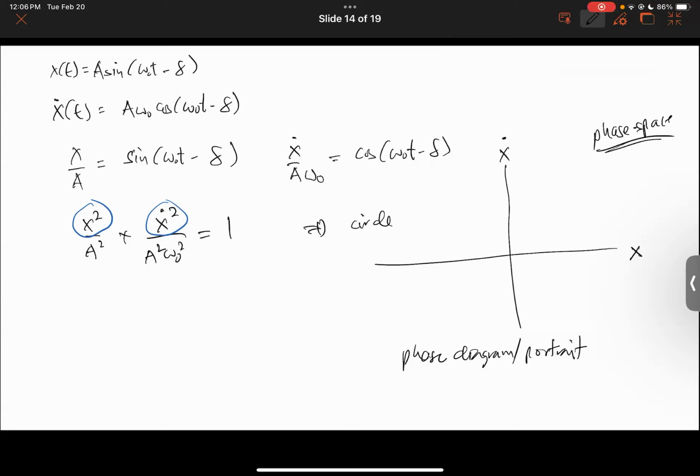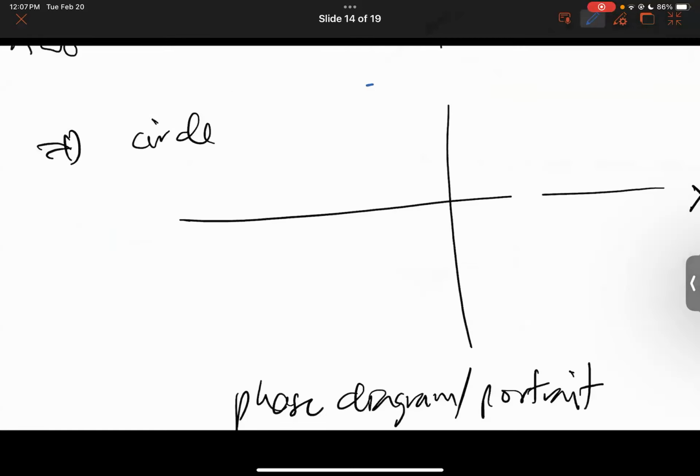Let's see. We know, we derived before, that 1/2 k a squared is equal to the total energy, right? And of course, this is also equal to 1/2 m omega naught squared a squared, since k is just equal to m omega naught squared.